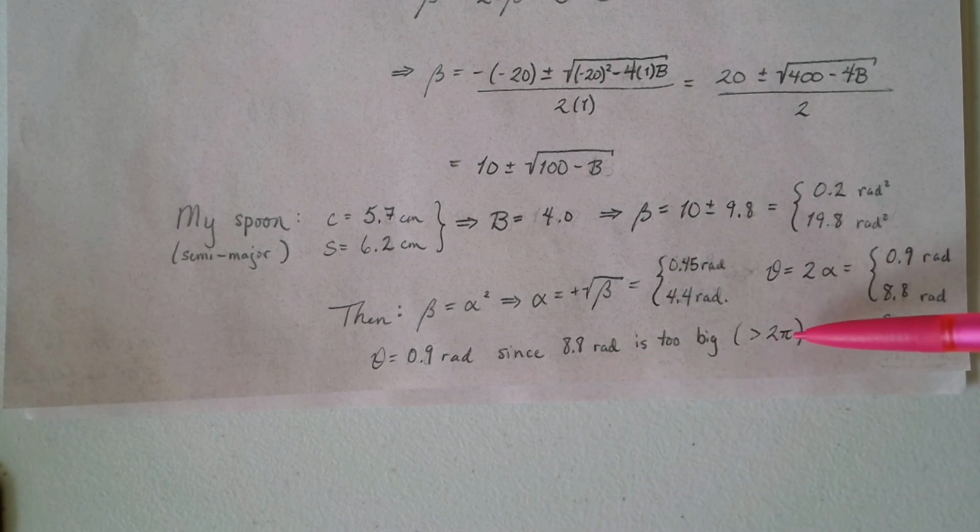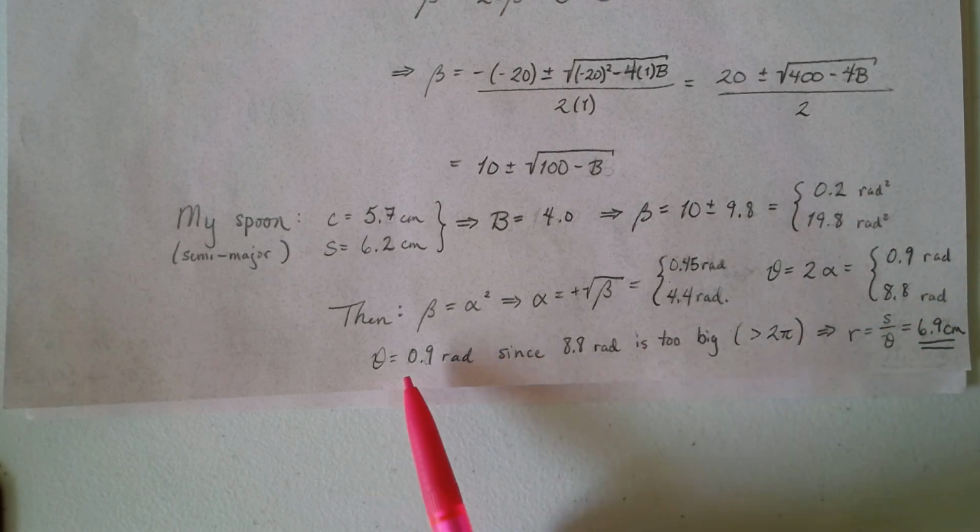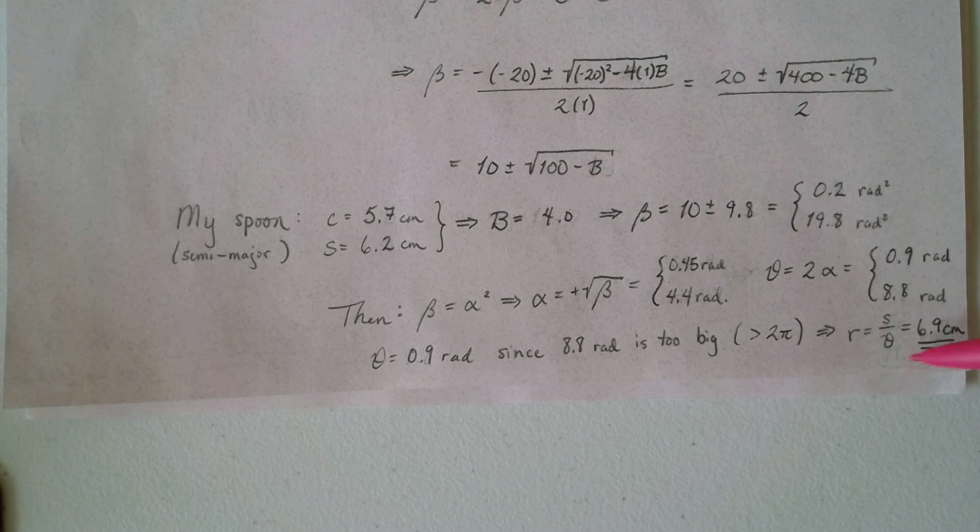It's larger than 2 pi radians, which is a full circle. You could certainly subtract off 2 pi and see what that does, but in this particular analysis, by using 0.9, I do get a radius of curvature of 6.9 centimeters, which was fairly close to the 7.1 centimeters.